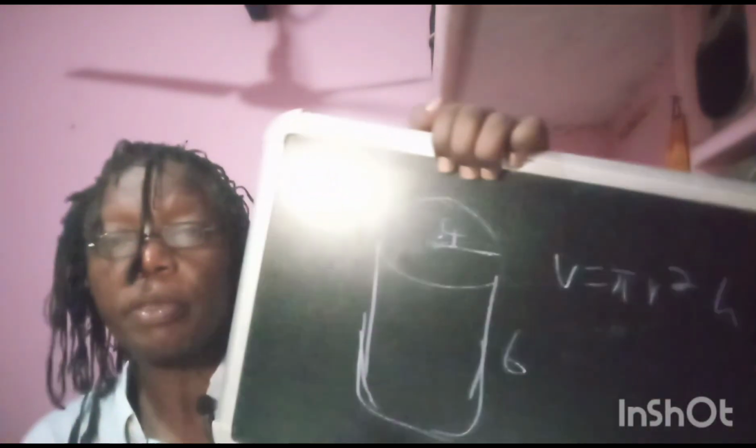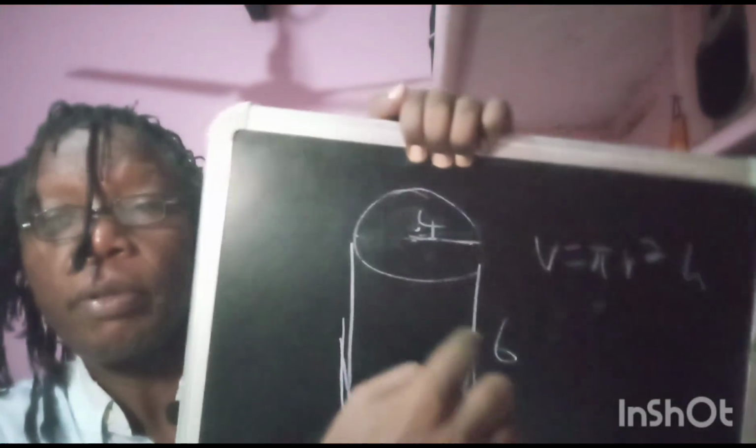But not to confuse you, let me just give 4 as the radius, which is this one. So we follow like this: volume is equal to pi r squared height, it will be 16 times the height. The height we already know.